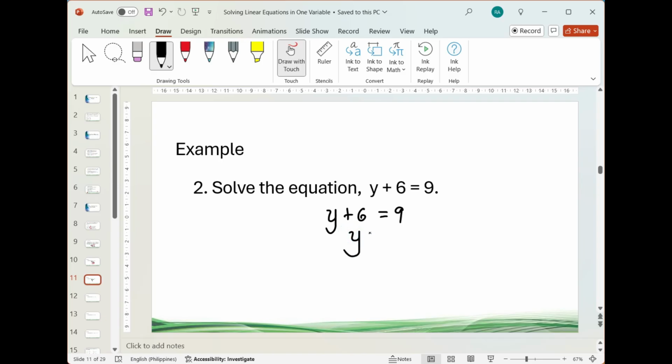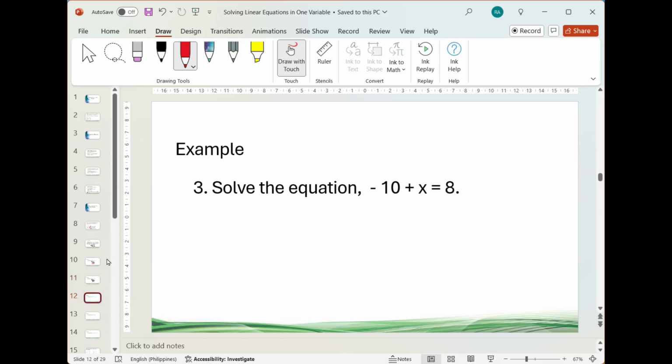So, y equals 9. We are going to transpose positive 6 to the right side of the equation. So, magiging negative 6 na po siya. So, y equals 9 minus 6. And what is 9 minus 6? Y is equal to 3. Therefore, 3 is the root or the solution of this linear equation.